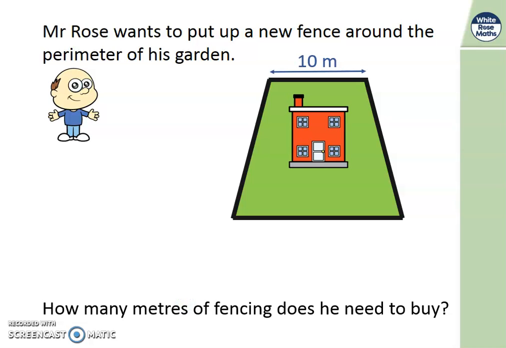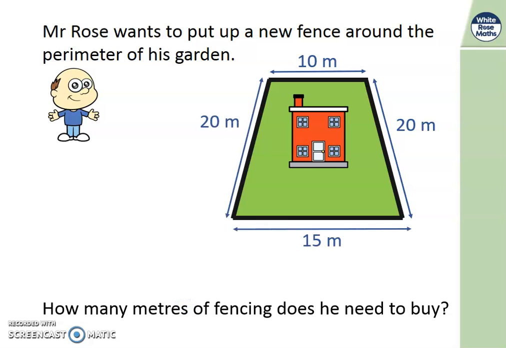That's 10 metres, that's 20 metres, that's 15 metres, and that's 20 metres. How's he going to work out what it is? Yes, he needs to add them up. 10 metres, add 20 metres, add 15 metres, add 20 metres. I wonder if you can remember where we've just done a question like that. How would you work it out?